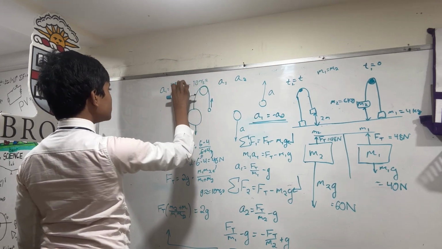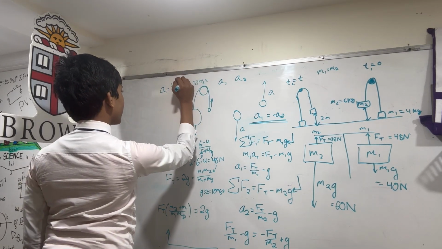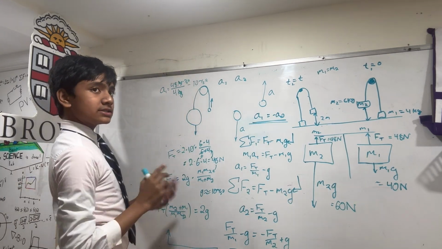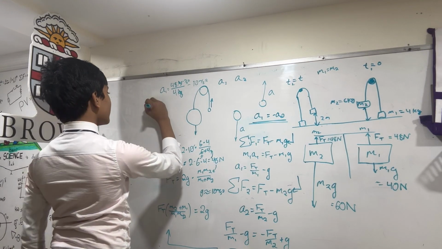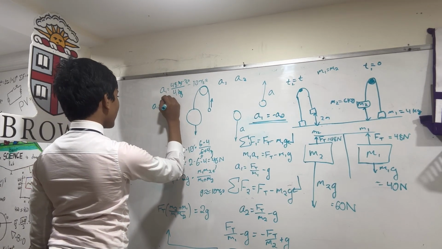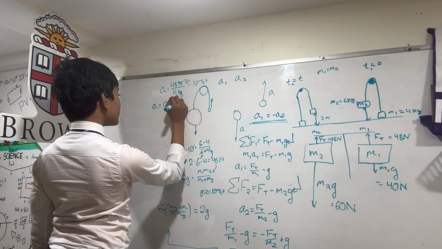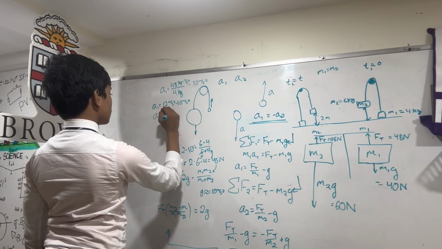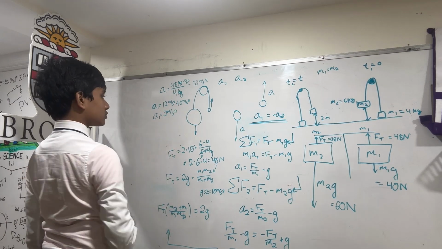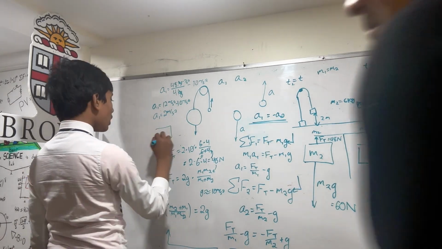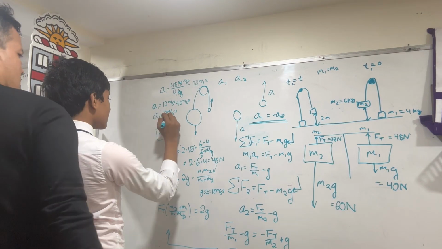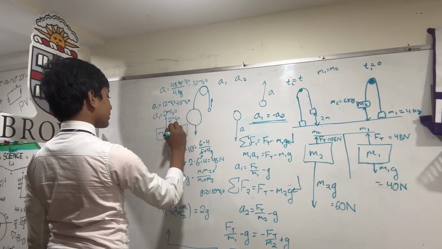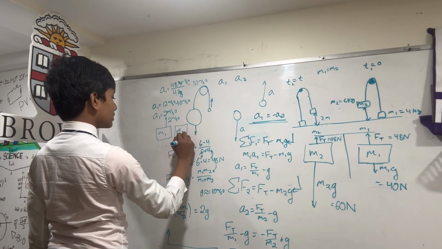And of course, a newton is a kilogram multiplied by a meter per second squared, which means that you can ensure that the units here are right, and thus A1 is just 12 meters per second squared minus 10 meters per second squared, or 2 meters per second squared, which means that M1 accelerates upwards at 2 meters per second squared, while M2 accelerates downwards at the same rate.